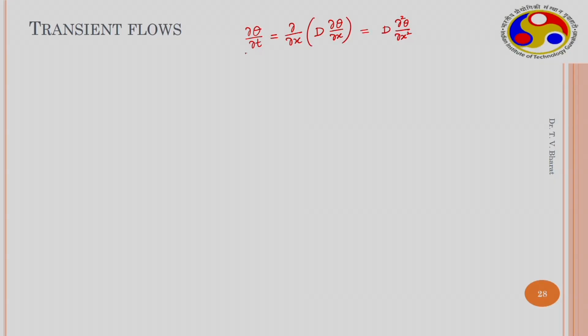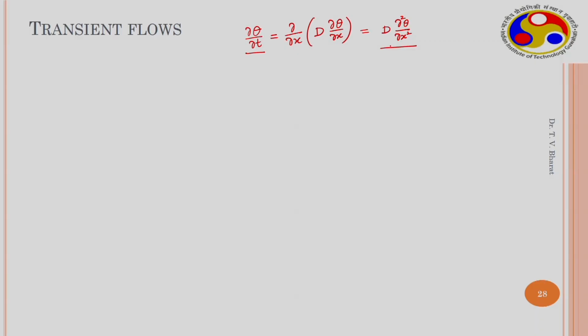Here the dependent variable is theta, volumetric water content, and this form, that is dou theta by dou t equals d times dou square theta by dou x square, exactly replicates the Fickian diffusion equation for ion movement within any media, porous media or any other medium. So this is exactly similar to that.